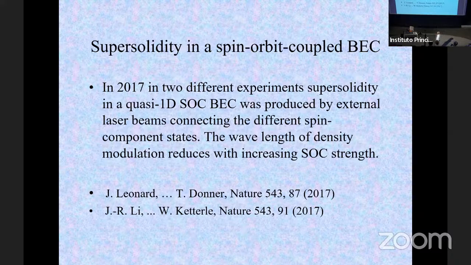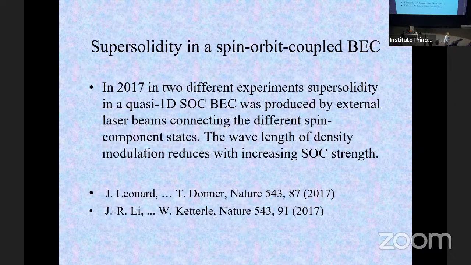I'll talk about what a spin orbit coupled BEC is, because in a normal atom, the electrons have charge. So an electron, associated with the charge, as it moves in an orbit, has angular momentum and generates a magnetic moment. And that interacts with the magnetic moment of the spin degree of freedom.